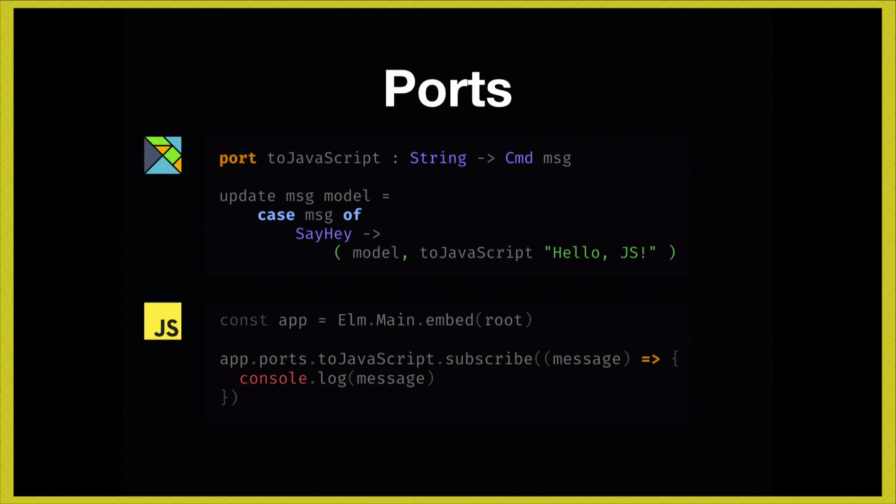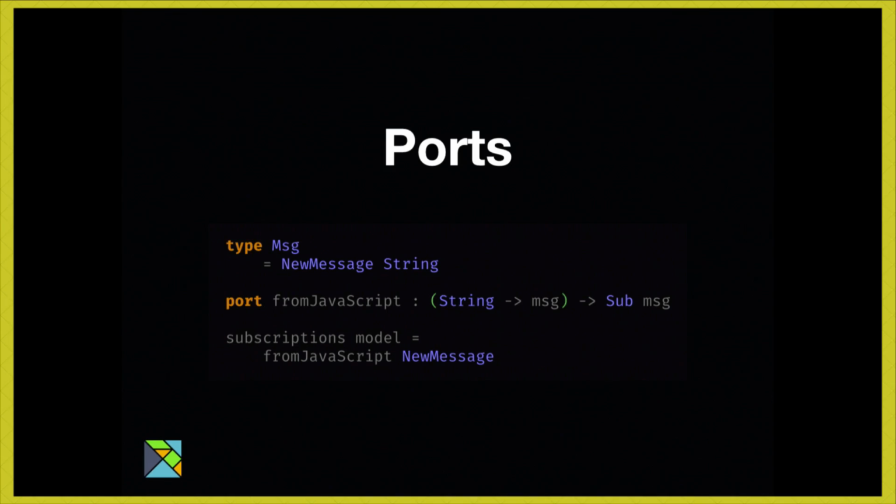You could say you want to use this with a library. Like you've got a library that's written in JavaScript, and you really want to use it. How do you use it with an Elm application? You do this. So you can send stuff out, do stuff in the library, and then send it back in, which looks like this. So let's say our application has a type Msg, and the only possible message in our application is NewMessage. That naming is maybe confusing, but we're not talking about the Elm architecture message.